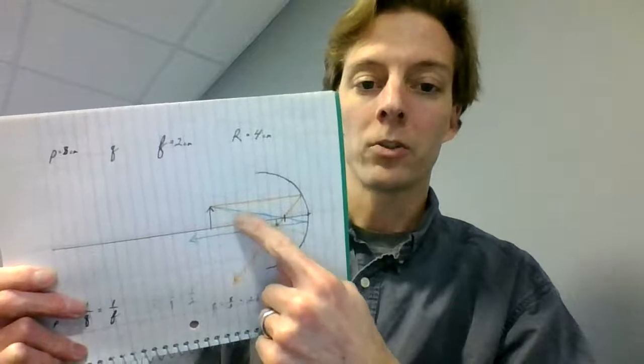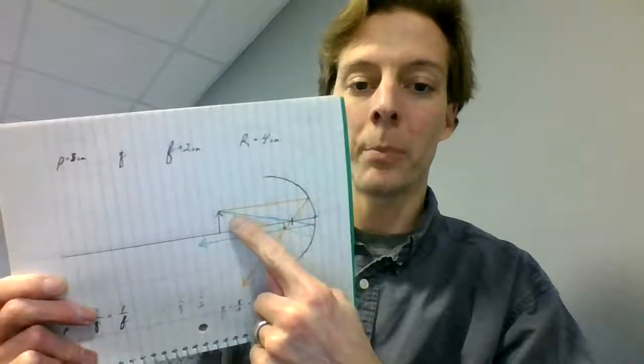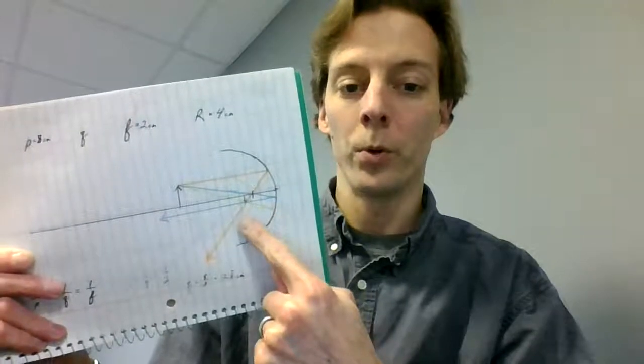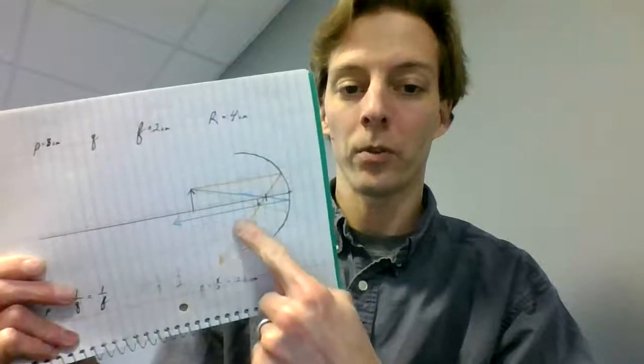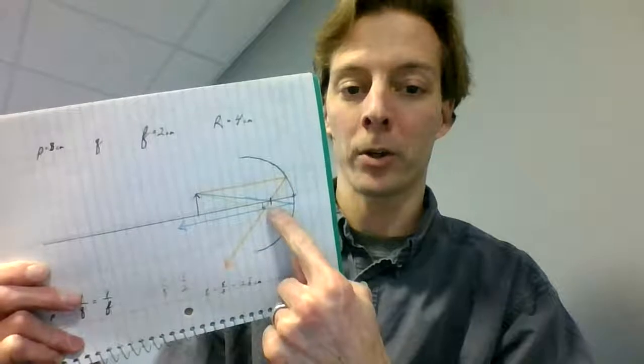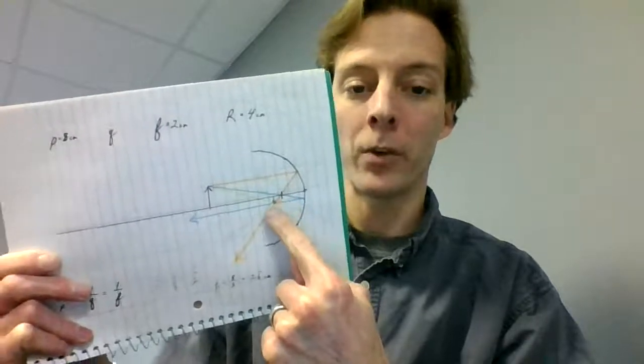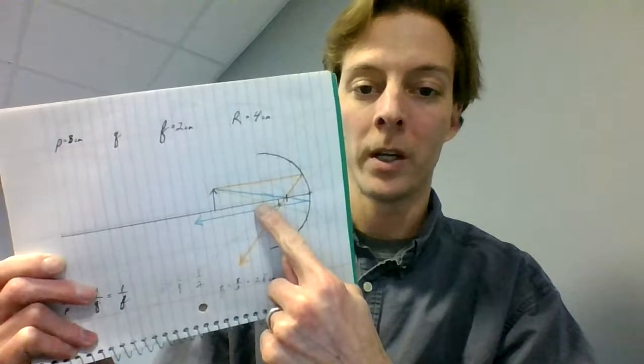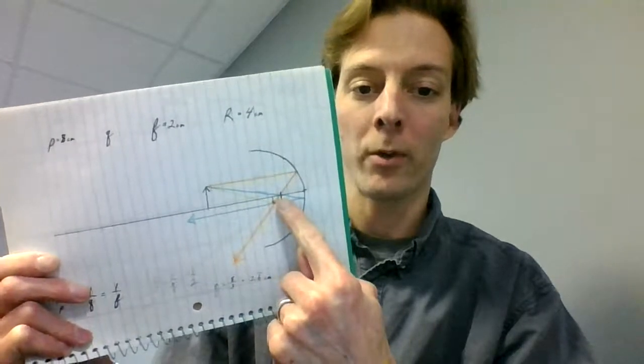All right, so the orange line. Orange line goes in parallel, right? And then it comes down through the focus. The focus is that hash mark right there. And I know that's the focus because it's half of my radius. So if my radius is here to the mirror, focus is half of that.